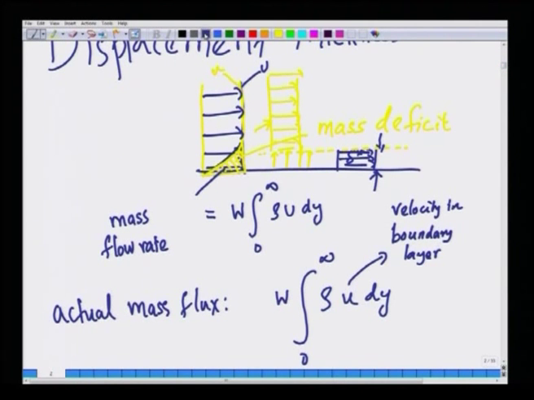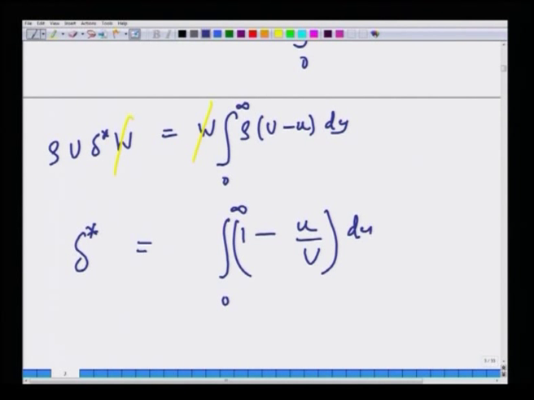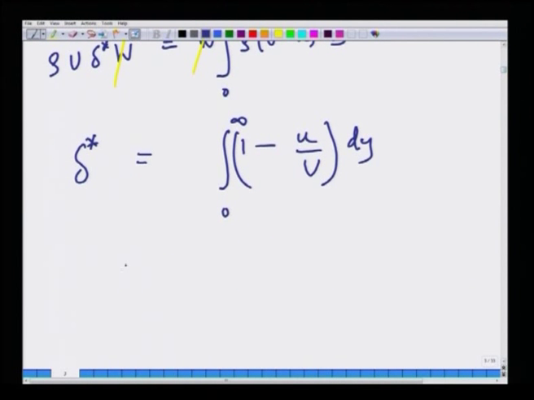Now, we are equating this deficit to this deficit, thereby obtaining a definition of delta star. Sure enough there is a w here which will cancel on both sides. So, delta star is integral 0 to infinity 1 minus u by capital U dy.